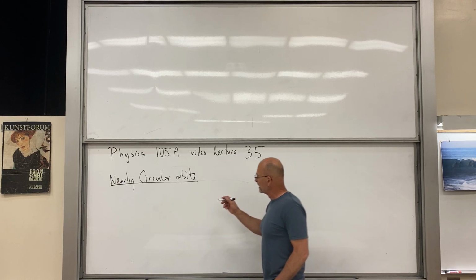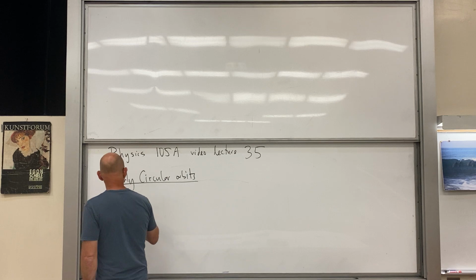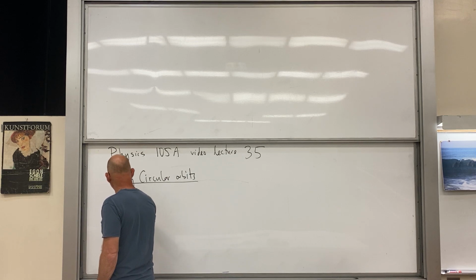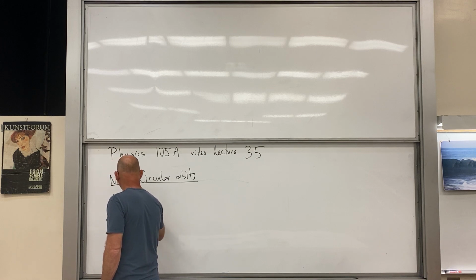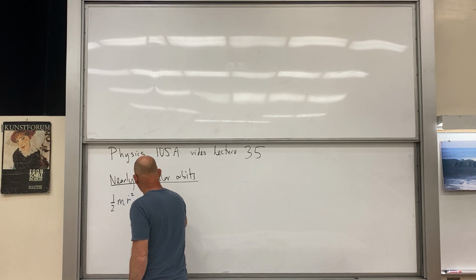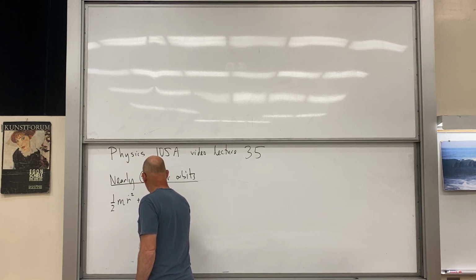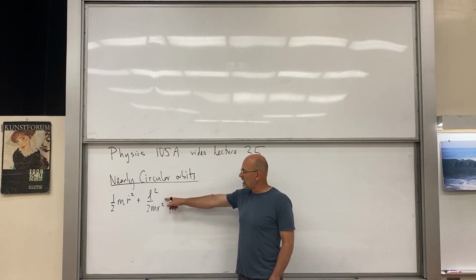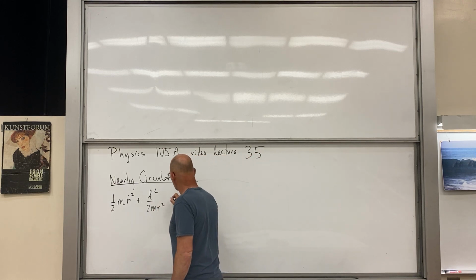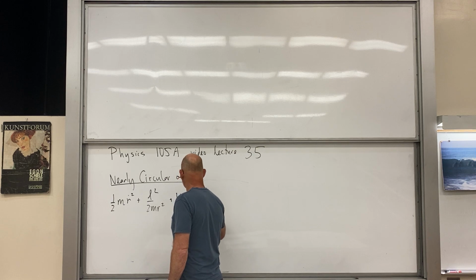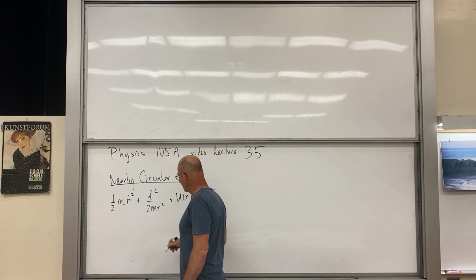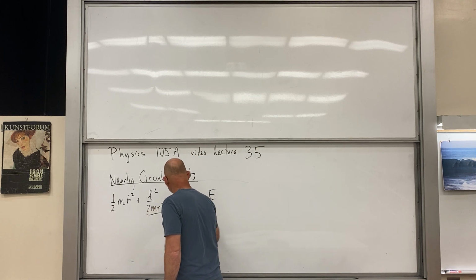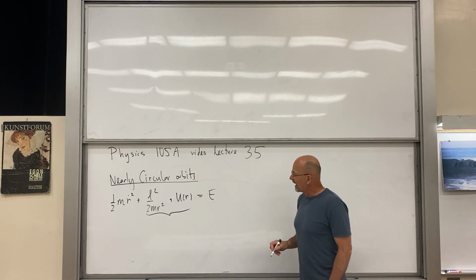Yes, so we will begin with, we'll just write down what we have. So our energy expression, in which we've already replaced the angular velocity, right? So L squared over 2mr squared plus U of r is equal to E. That is our energy.